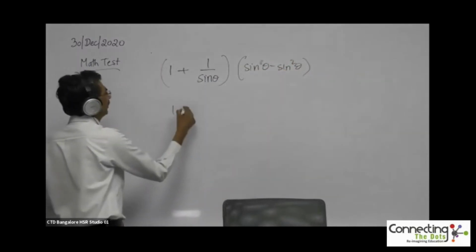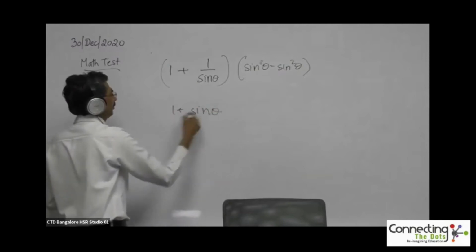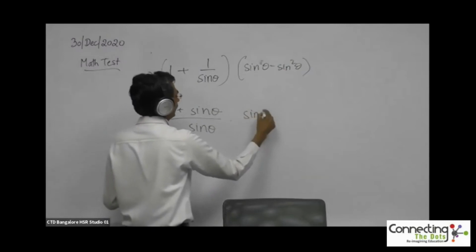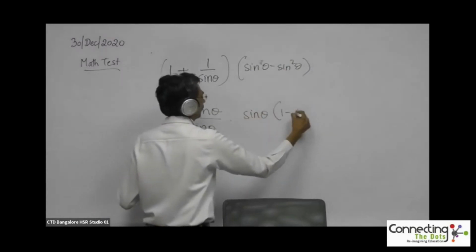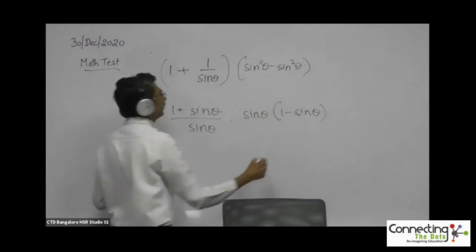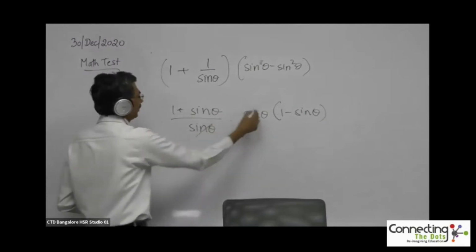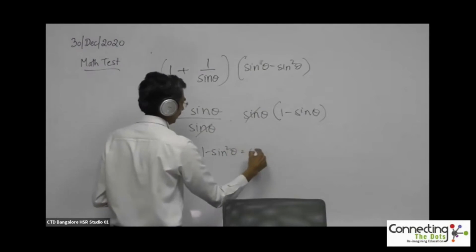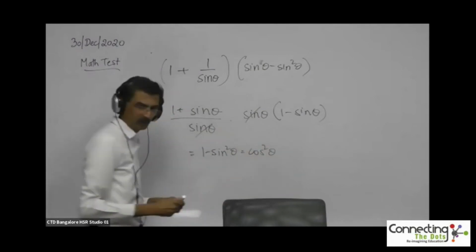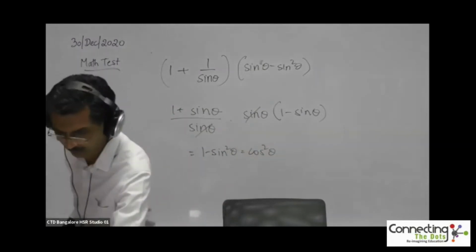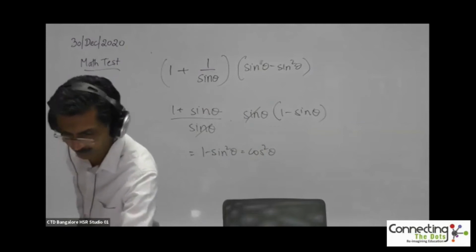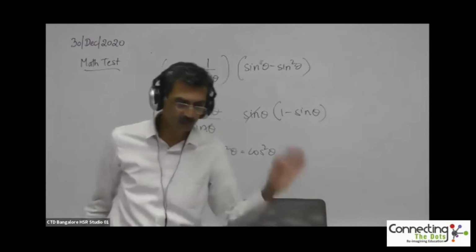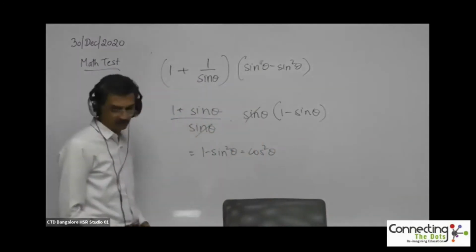So it's 1 plus sine theta by sine theta into sine theta. And so you get... is that what we had to do? Yes, we had to do that. Right, that was done.